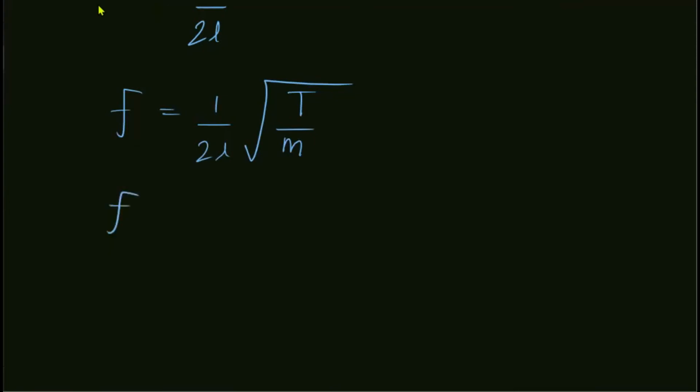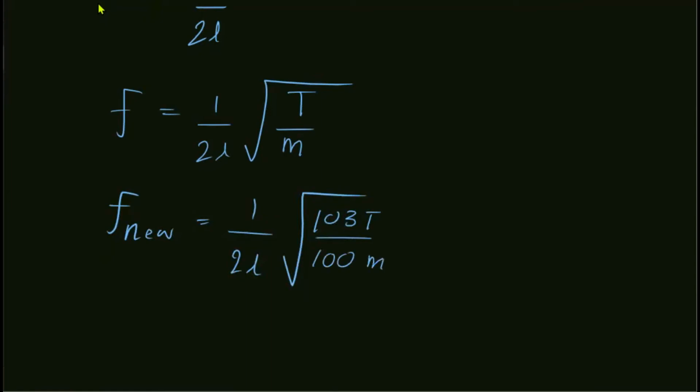The new frequency, F new, is 1 over 2L times root of 103T over 100 into M, because if it is increased by 3%, it should be 103 over 100 times the previous T. So let's assume this is the first equation, and this is the second equation.